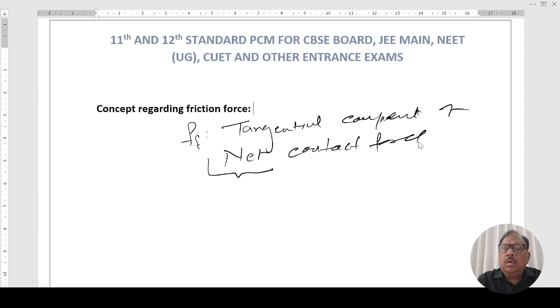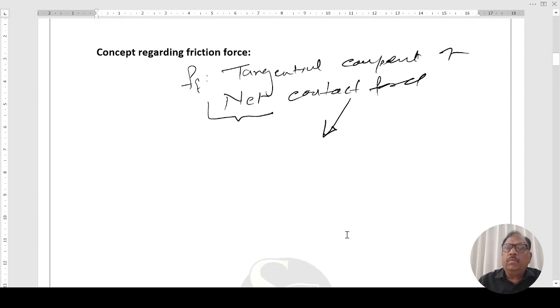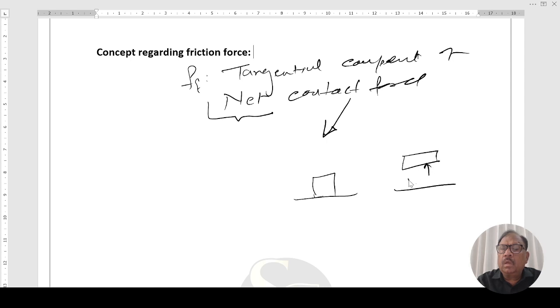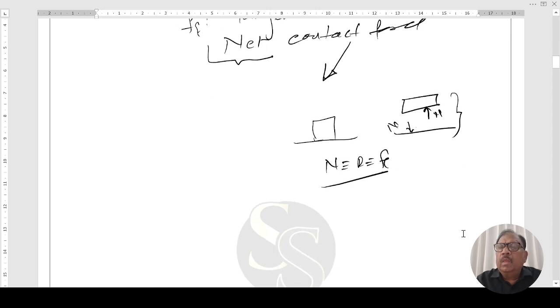Be careful, net contact force. What is contact force? When two bodies are in contact, then contact force comes into the picture, in such a way that it has a normal component, N or R or FC. We can denote it by anything.